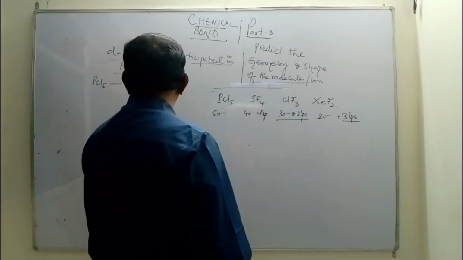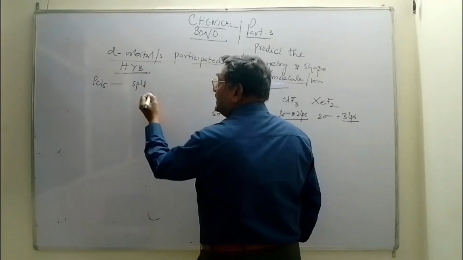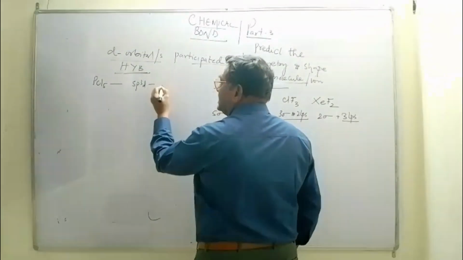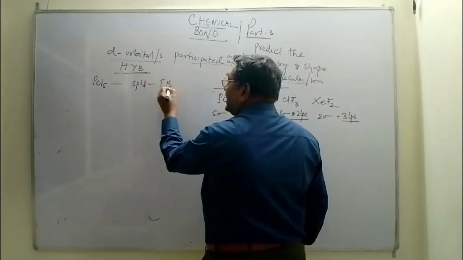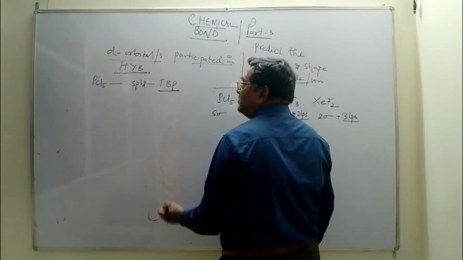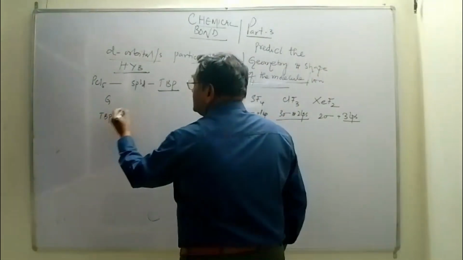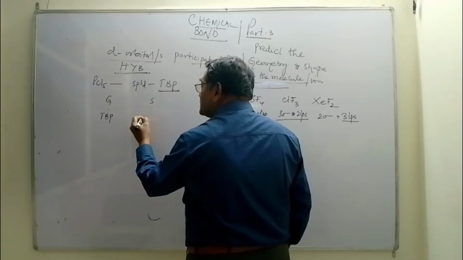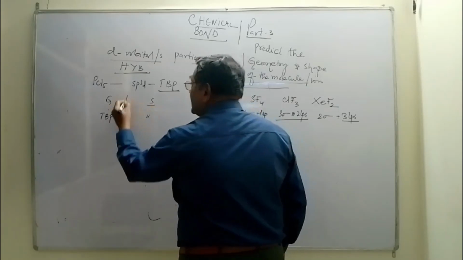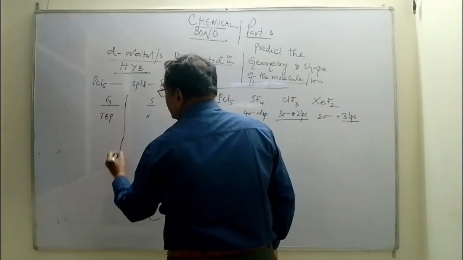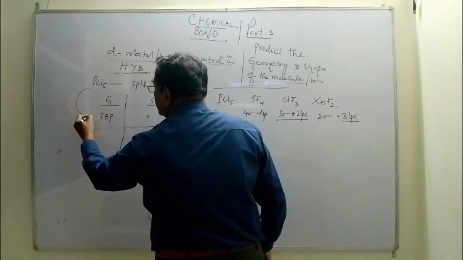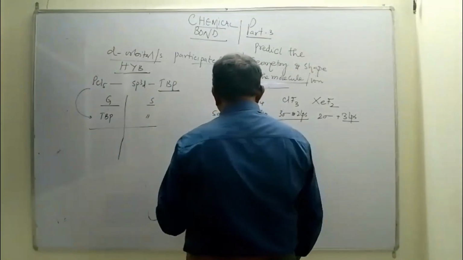Geometry is trigonal bipyramidal, TBP. Shape is also the same, because there are no lone pairs of electrons. And this is regarding our PCl5.